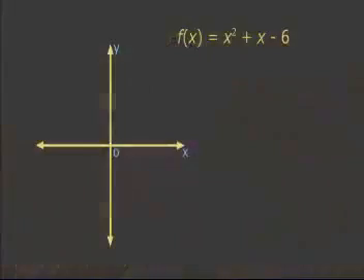Now, let us learn how to determine the x and y intercepts of a function. Observe this quadratic function. f(x) = x² + x − 6.